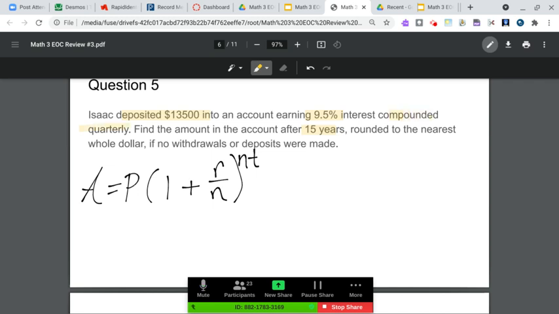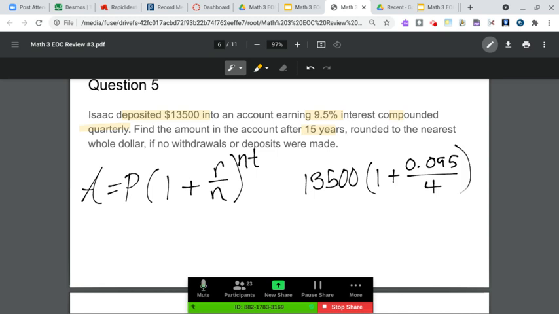All right, let's set it up. 13,500 times (1 plus 0.095 over 4) raised to the power of 4 times 15, which is 60.